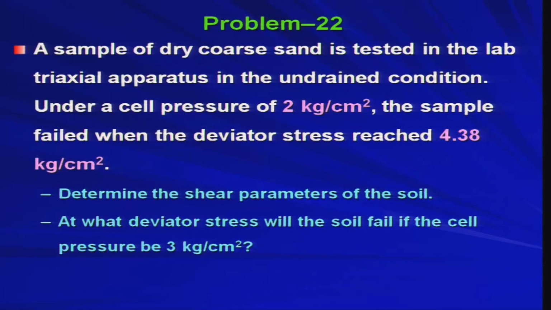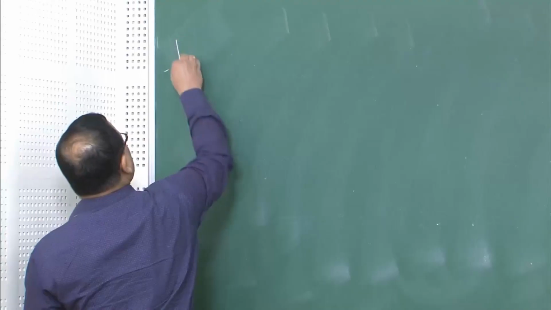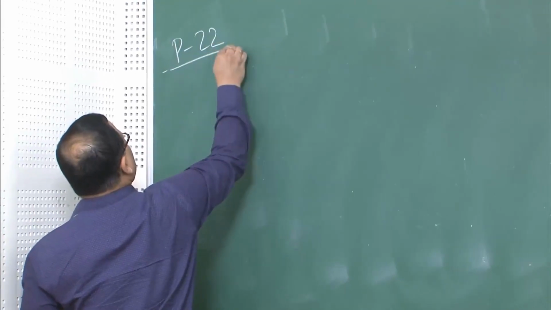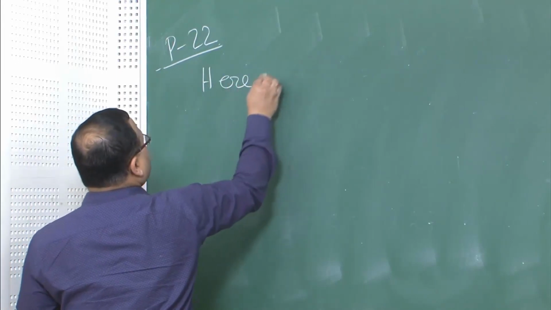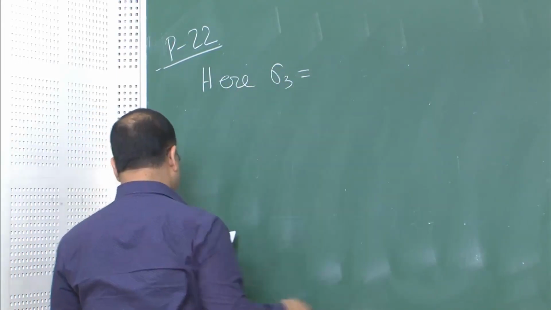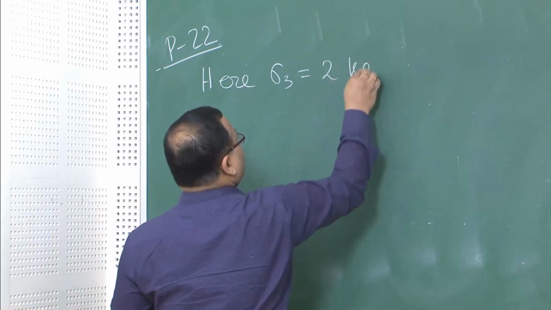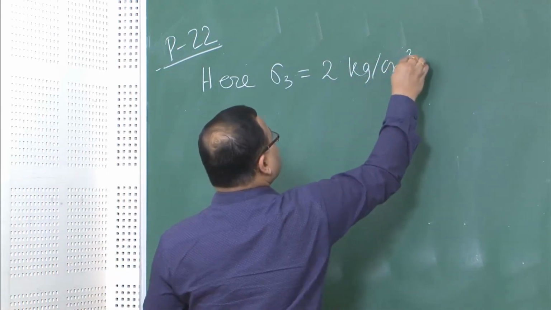Okay. So, under the cell pressure of 2 kg per centimeter square, the soil failed when the deviator stress reached 4.38 kg per centimeter square. And now, we are going to solve this problem 22. So, here sigma 3 is equal to 2 kg per centimeter square.